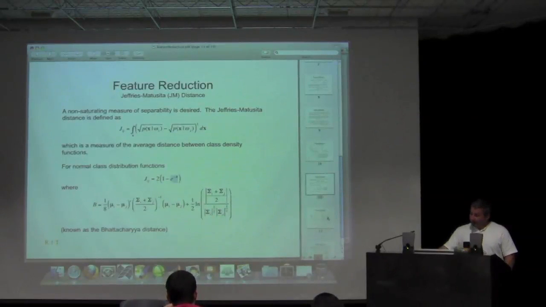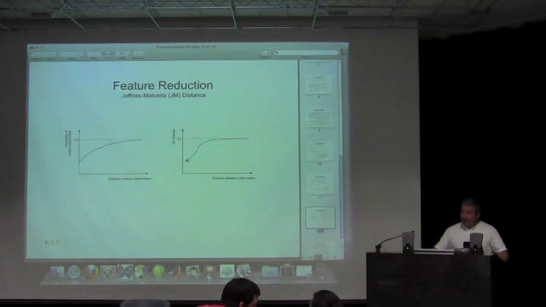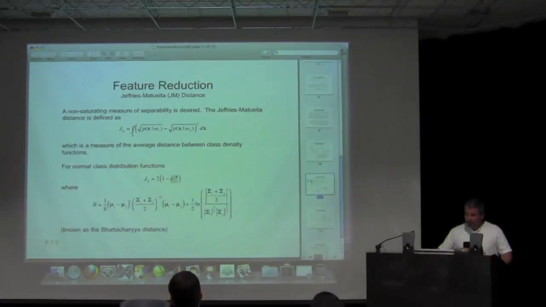So as the distance between class means starts to increase and that Bhattacharyya distance gets large, then the JM distance asymptotically approaches 2. And the probability of correct classification also approaches that plateau right around the same point. So this is a much more well-behaved metric because they just rearranged the function so that it would be asymptotic.